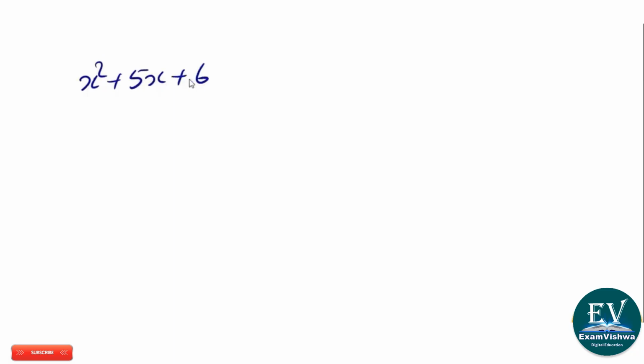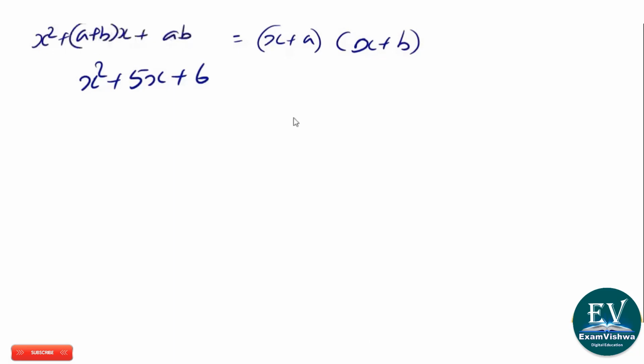Look at this particular algebraic expression and think about whether we can relate it with any of these expansions or any such things we studied. And we will find that x plus a into x plus b, when expanded, became x square plus (a plus b) into x plus a into b, ab.